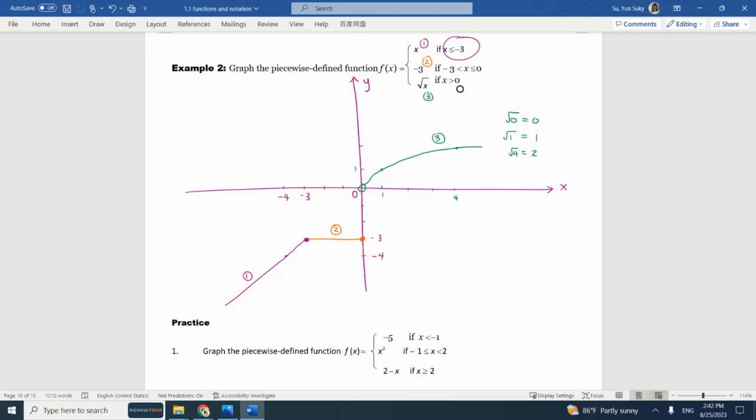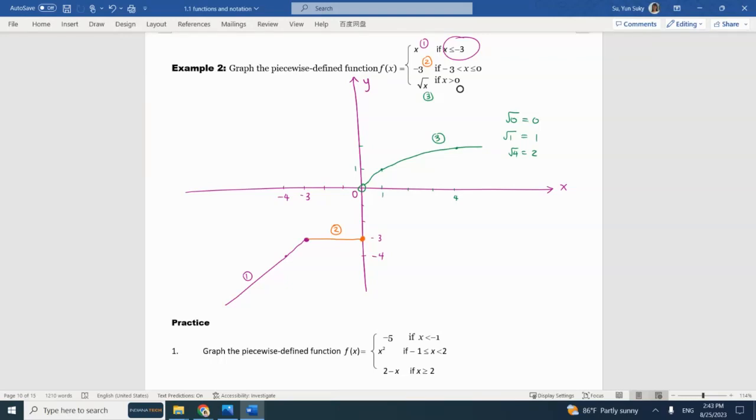So you go to, that's one. Negative one. Oh, okay, so it's negative one. Oh, it's just a parabola.